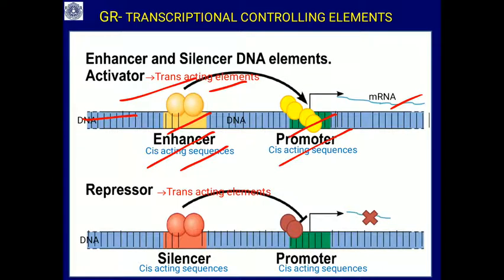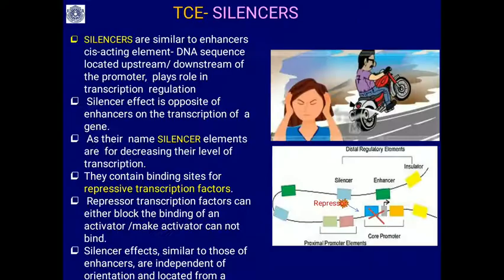Then the silencer, also cis-acting and part of the DNA, activates repressors, and the repressor binds the promoter sequence so that transcription is inhibited. This is the basic model of how they control transcription.